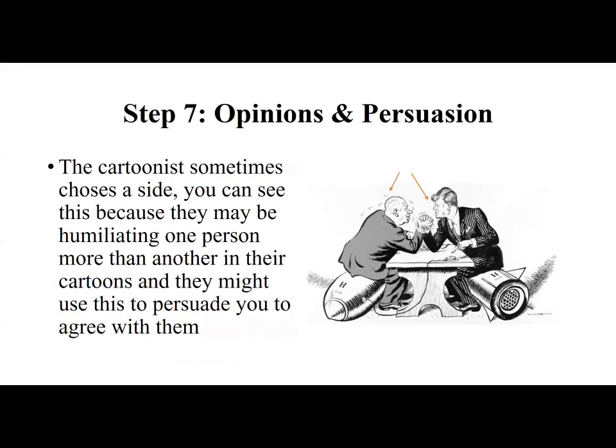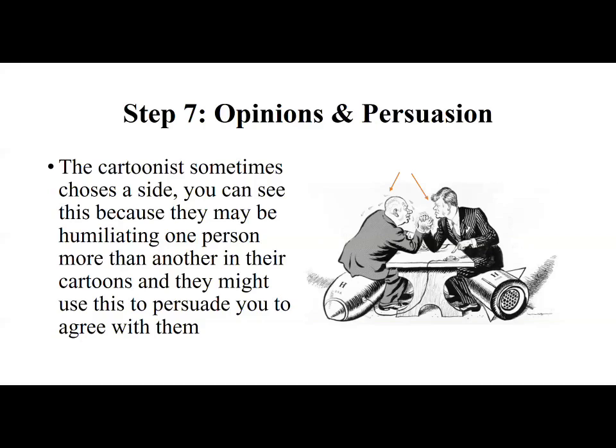So step seven, opinions and persuasion. This comes from the illustrator of the cartoon. The cartoonist oftentimes chooses a side, and you can see this by maybe they are humiliating one person more than the other, or something's more emphasized on one than the other. So you really just have to look and see. And if there's two people like this, you have to compare the two.